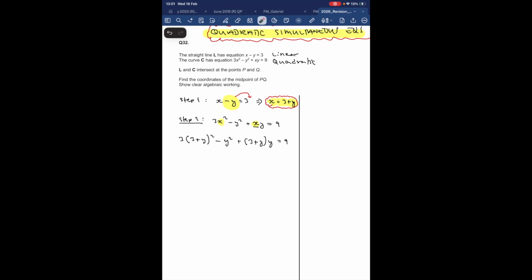Now remember that this 3 plus y squared is actually a double bracket, so I'm going to rewrite it as 3 bracket 3 plus y times 3 plus y, minus y squared, plus 3 plus y times y, equals 9.